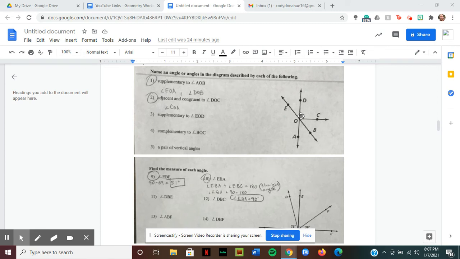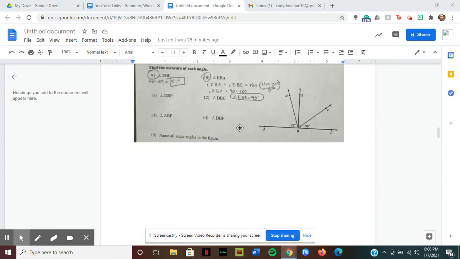And here's the thing. We already said that this was a straight line. And if I've got two angles that lie on a straight line together, they're going to be supplementary. So if this angle is 90, that tells me that the angle that is supplementary to this angle also has to be 90. So it has to be congruent to it. So angle COA is going to be adjacent to this angle. And what's more is that it's also going to be a right angle. So this angle right here, angle AOC or angle COA, will be a right angle.